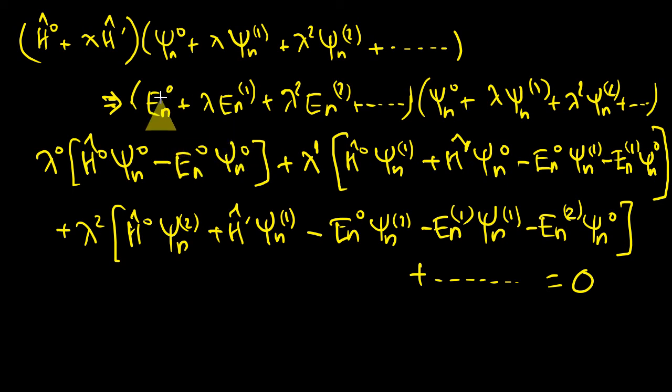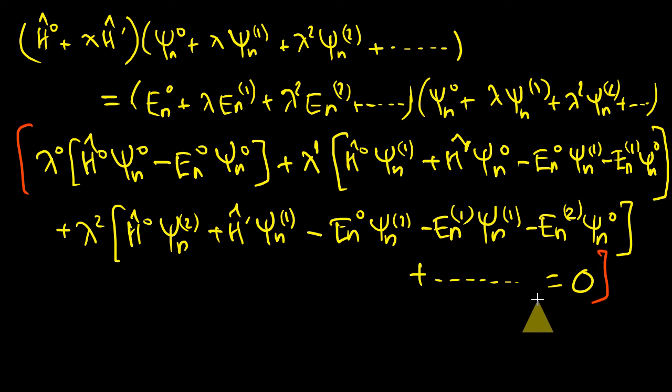Sorry, I was thinking that this is also part of the last equation. Our new equation begins from here. Lambda 0 into this one, then lambda 1 into this one, and lambda square into this one, that is equal to 0. So this is our equation.